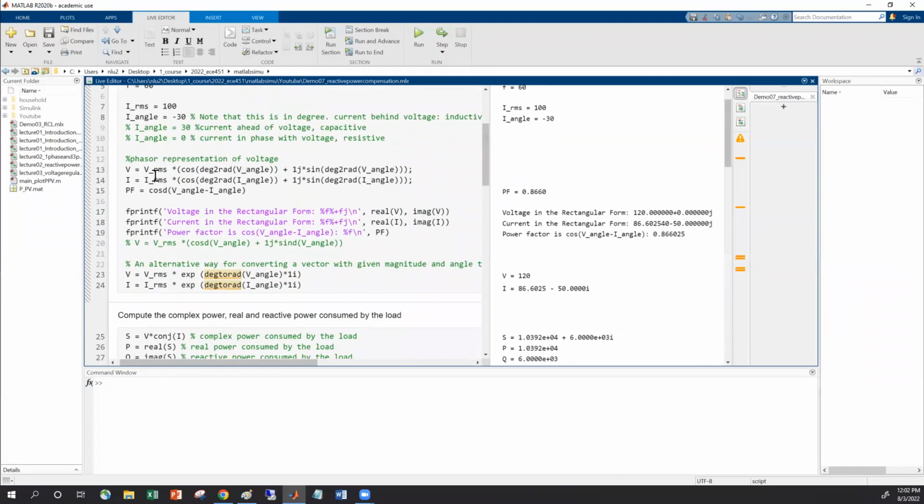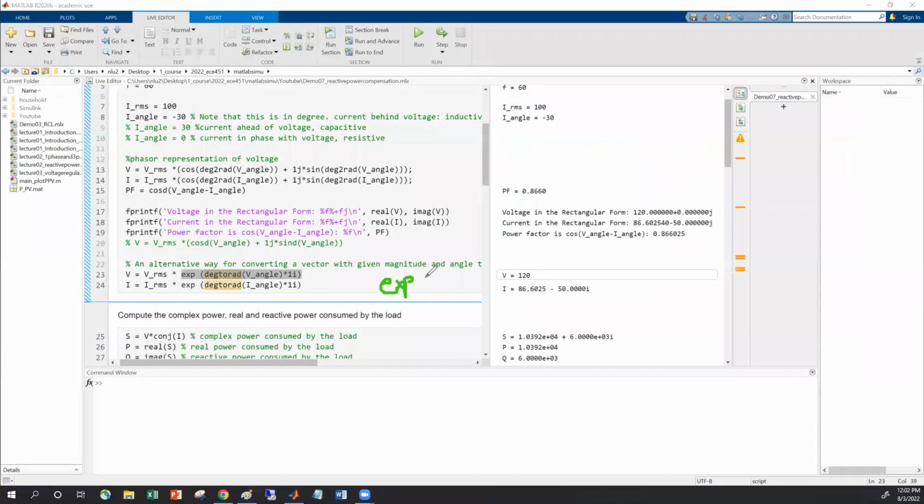The other way of doing this is we can use EXP instead of this whole thing, okay? We can actually simplify this whole formula into this EXP, because EXP of j theta equals cosine theta plus j times sine theta, okay?